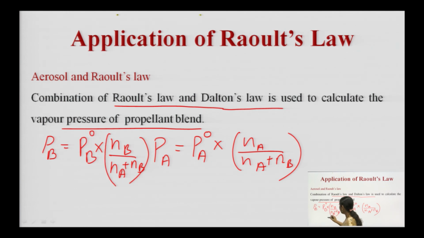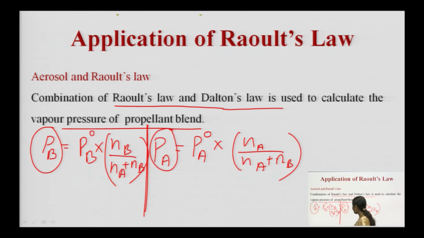So, in this way we can obtain the partial vapor pressure of B and partial vapor pressure of A. These two are different, okay?